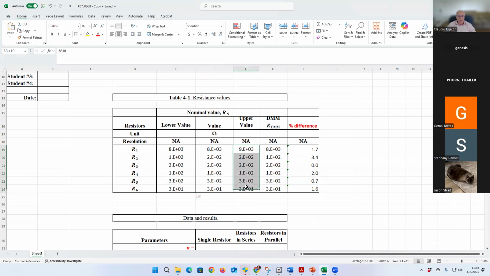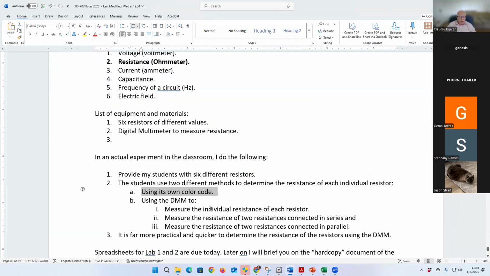And here's the plus whatever percent you have. The color code provides only 2 significant digits. And by the way, 4 color codes.